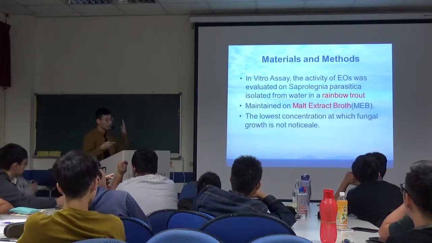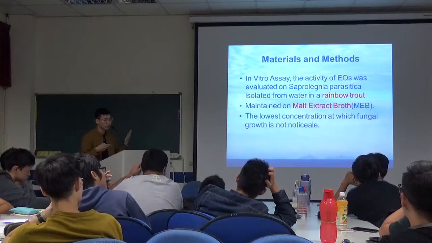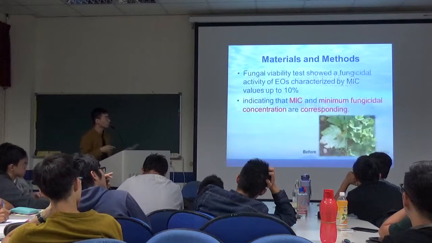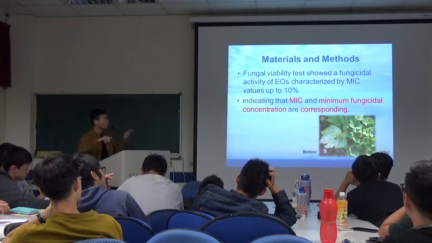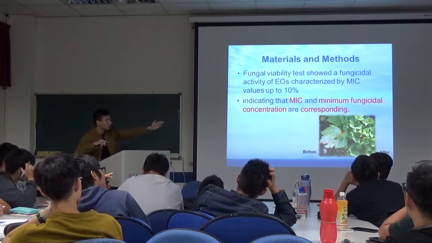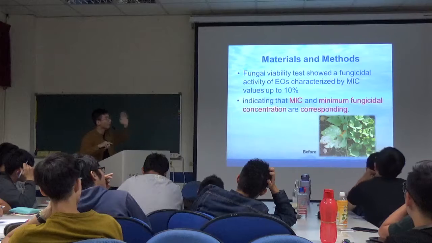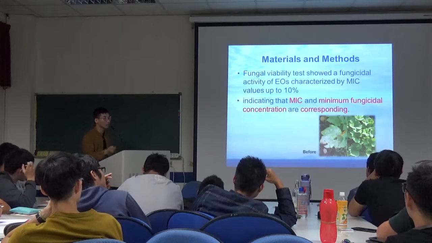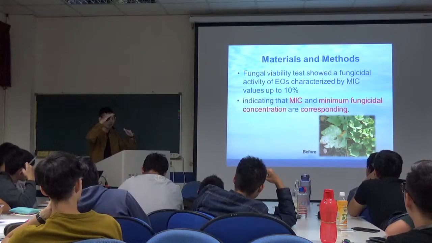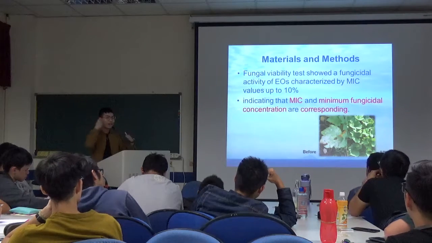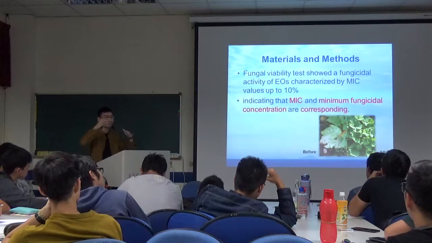And we also know the lowest concentration at which fungal growth is not noticeable. Because the data indicate that minimum inhibitory concentration and minimum fungicide concentration are corresponding. The lower the MIC rate, the higher the fungicide effect.